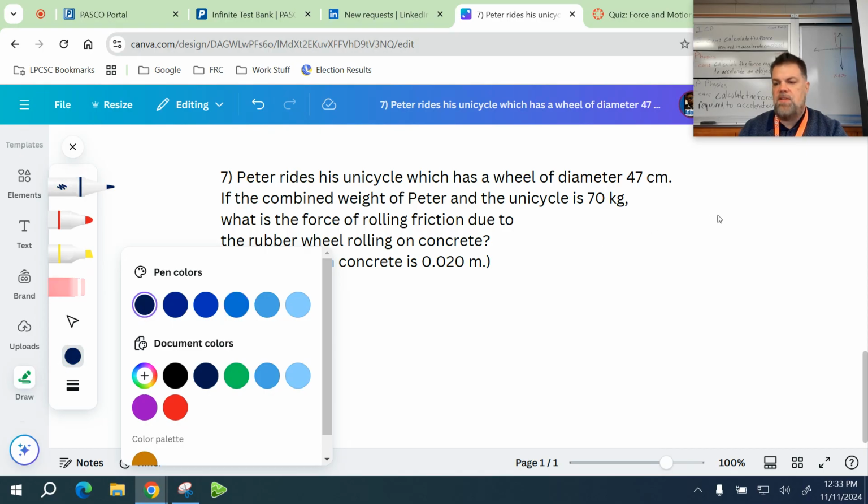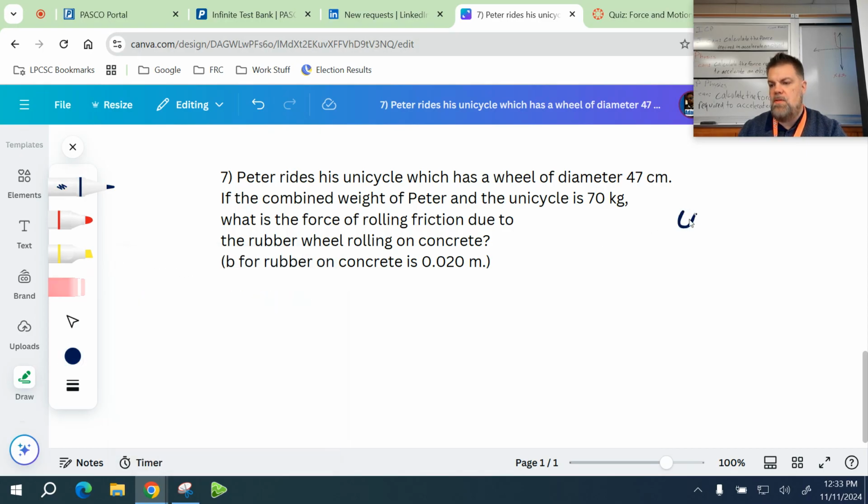So let's start there. So the coefficient, remember this is mu for rolling friction, is this B value divided by the radius of the tire. And so if the diameter is equal to 47 centimeters, then that is 0.47 meters, right?